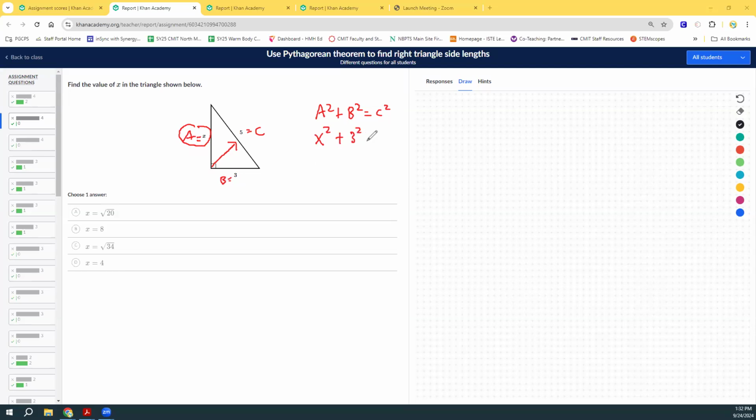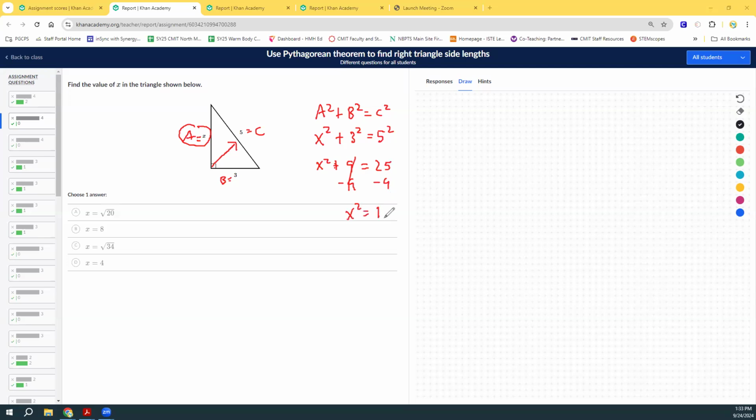So the 3 squared is my B squared. And this is going to change a little bit. So I'm still going to use my order of operations to simplify my exponents. But I want you to slow down and be careful here because notice our numbers are on opposite sides. So we are going to need to subtract the 9 from both sides to get x by itself.